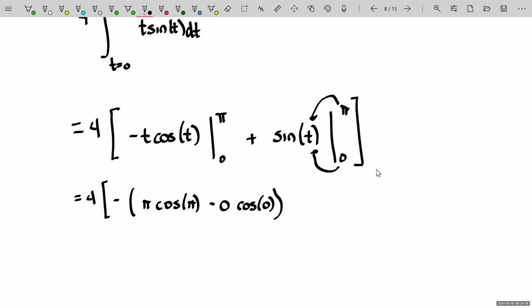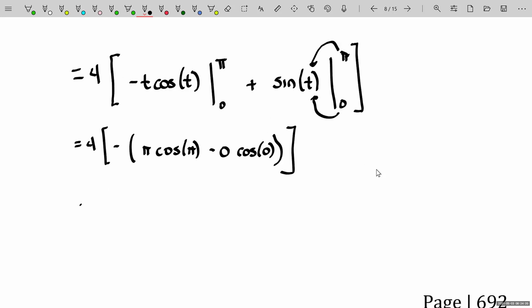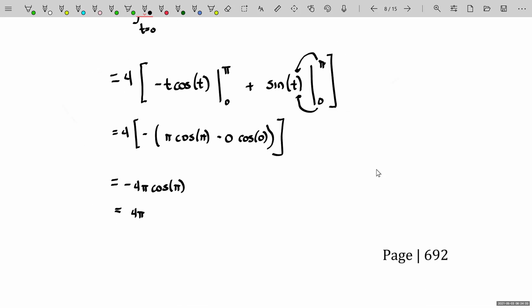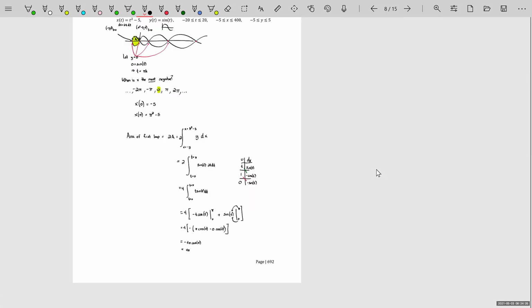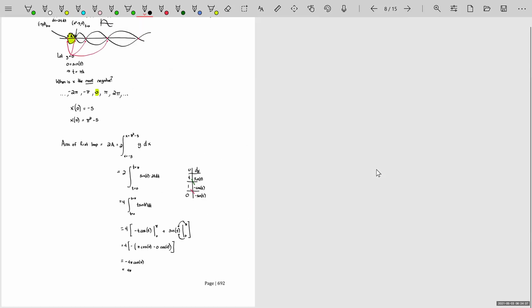So I don't care about that one. So this will be negative 4 pi cosine of pi, but cosine of pi is negative 1. So that's going to be 4 pi. That's the area of that inner, or the first loop, the leftmost loop there.